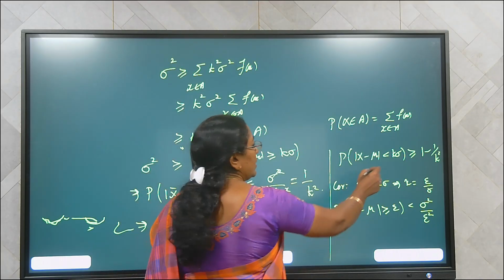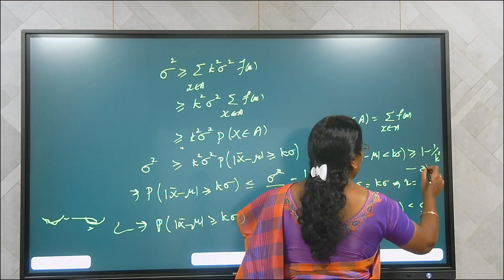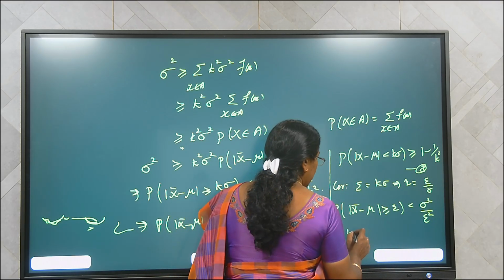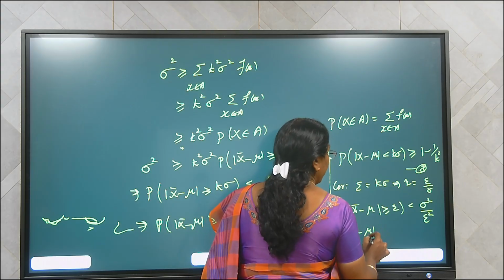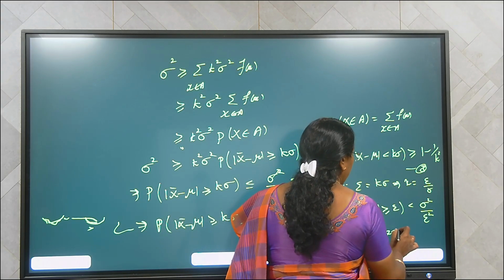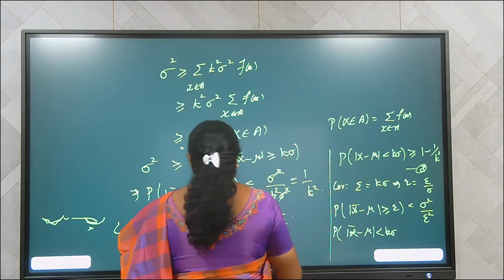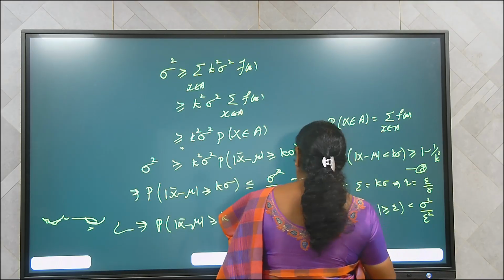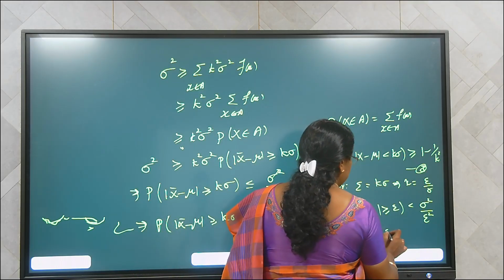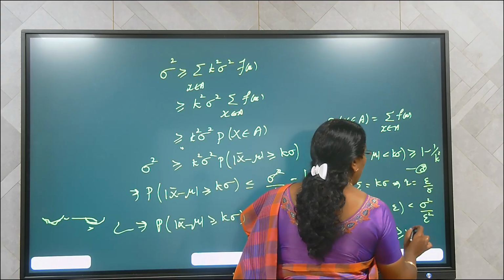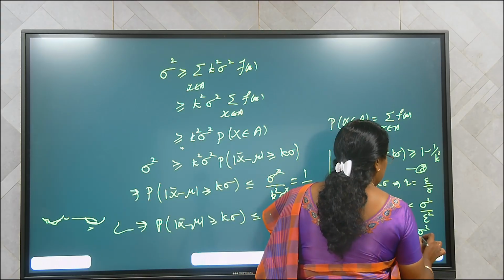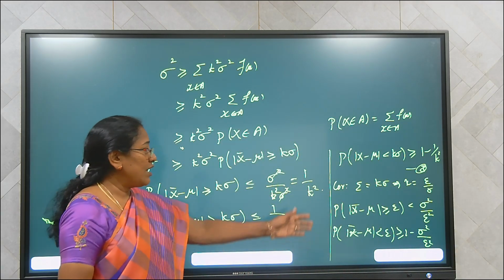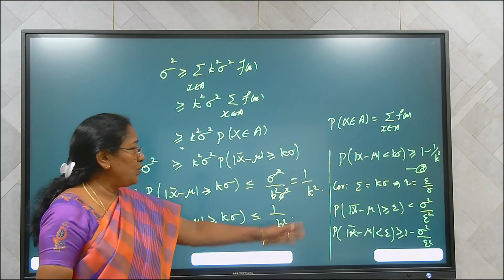And equation 3 becomes, by substituting epsilon, the probability of modulus of x bar minus mu less than epsilon is greater than or equal to 1 minus sigma square by epsilon square. That's okay. These two equations can be used in problems.